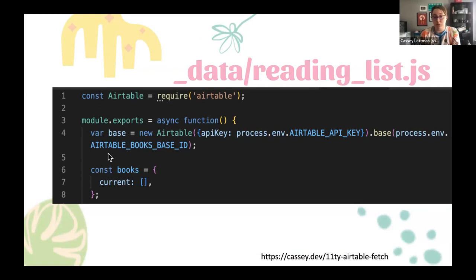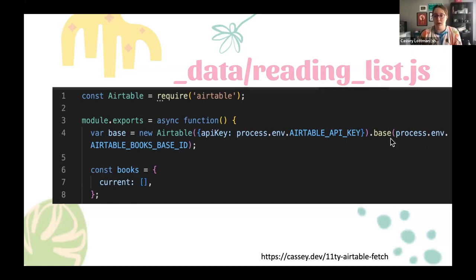You don't need to store your base ID in your process.env. That is technically not super secret information, but it just makes me more comfortable to have it private in case later on I mess with my view settings and leave something open that I didn't mean to be. So I have it in my env as well.